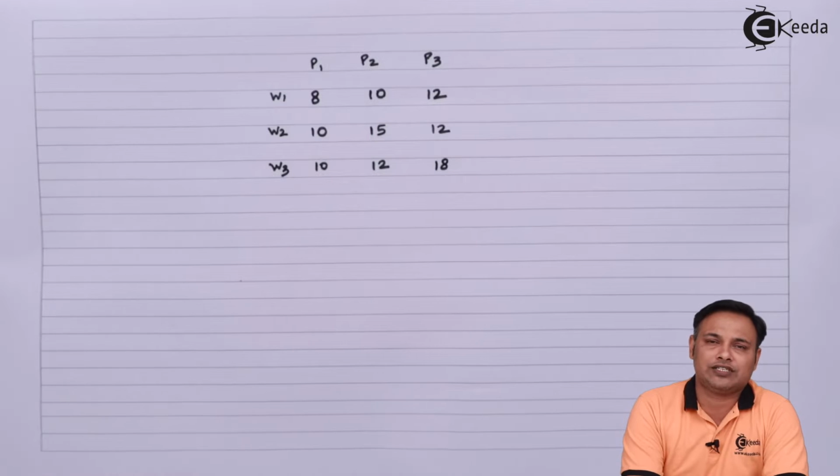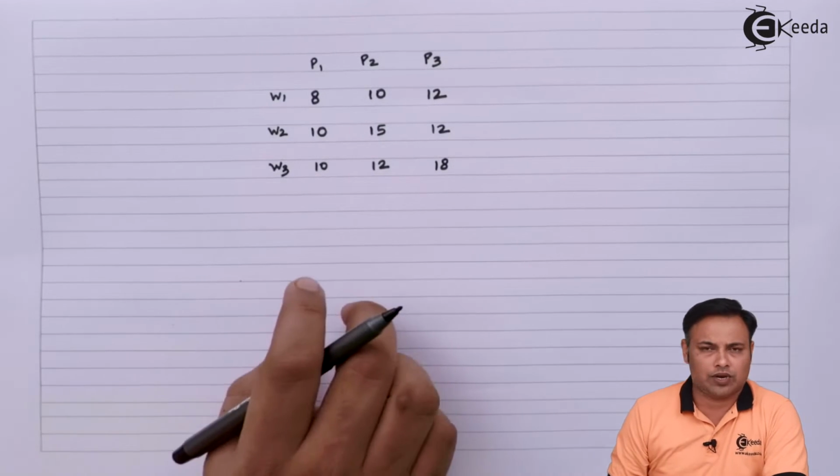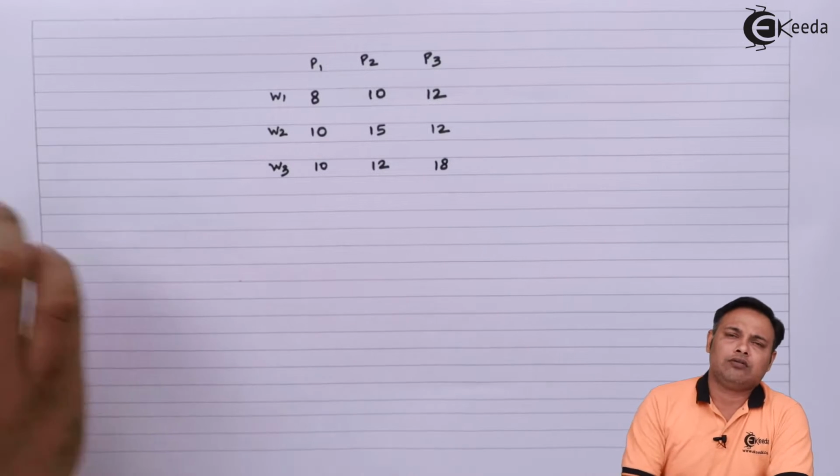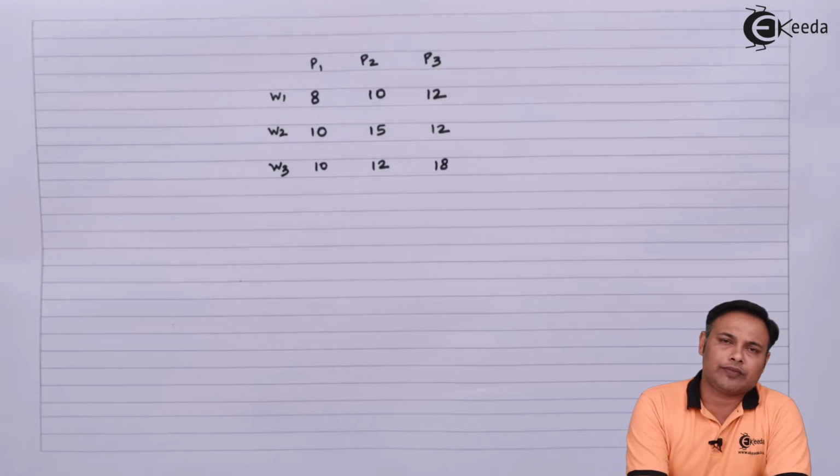Now what are the methods available for solving an assignment problem? I can solve this problem by different methods. Now if you look at overall operation research, assignment problem can be solved, to be very honest, by 4 methods.